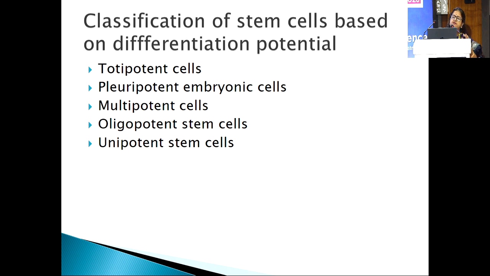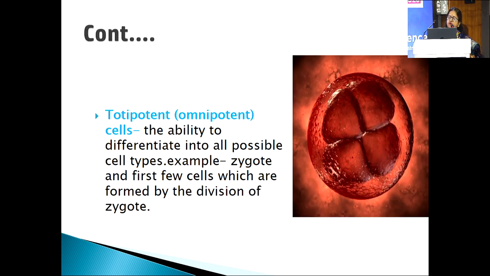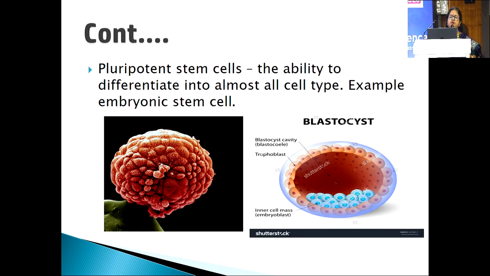There are various types of stem cells based on the differentiation potential. It can be a totipotent cell, pluripotent cell, multipotent cell, oligopotent cell, or unipotent cell. What is a totipotent cell? The ability to differentiate into all possible cell types, for example the zygote and the first few cells formed by the division of the zygote.